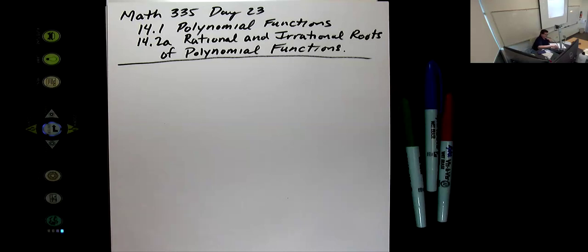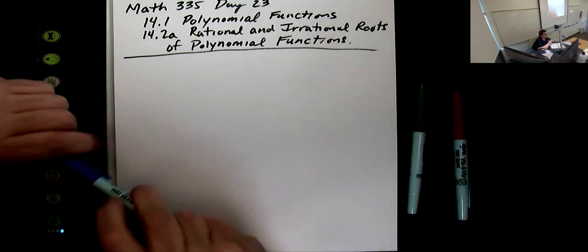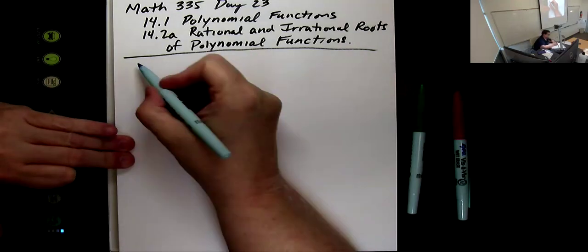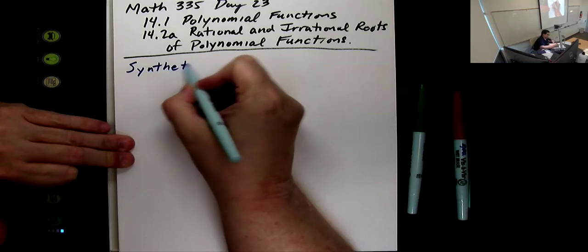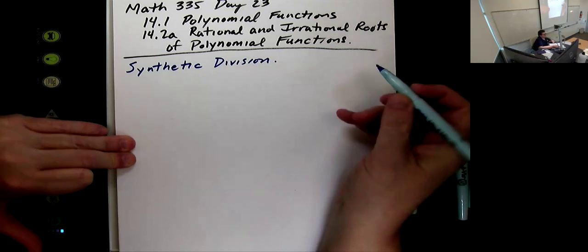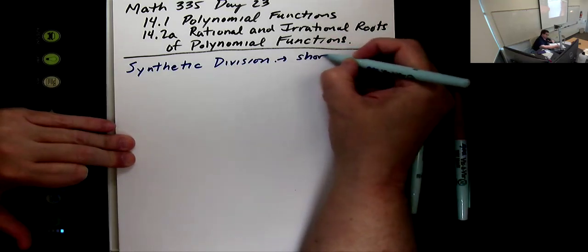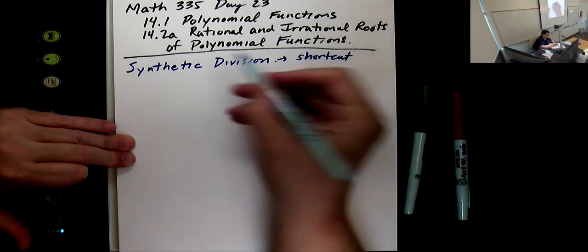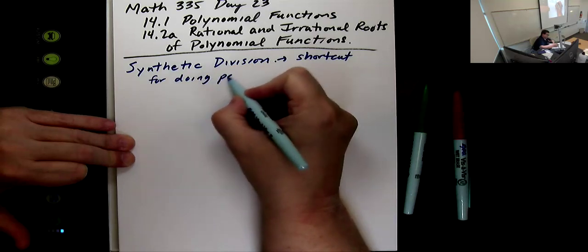Something you are going to need to know how to do, and do well, is related to polynomial division. It's called synthetic division. This is a shortcut for doing polynomial division.